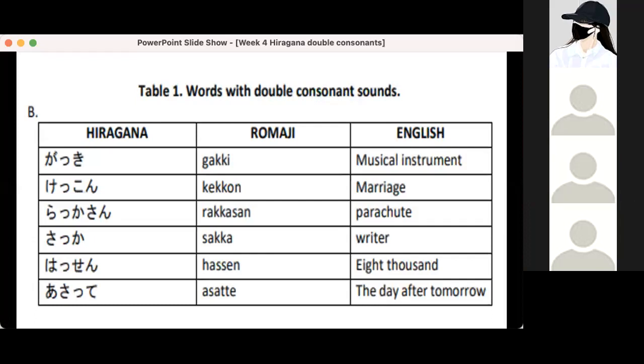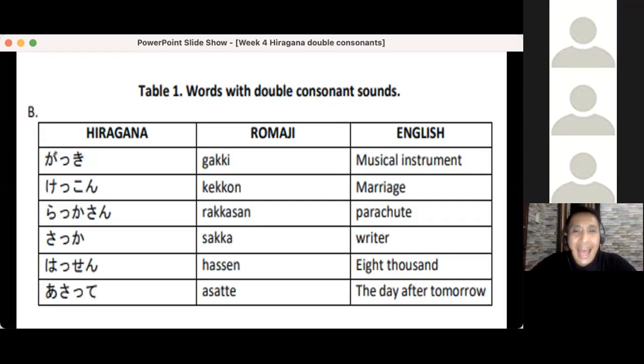Gaki, kekkon, rakkasan, sakka, hassen, asatte. Okay, asatte.